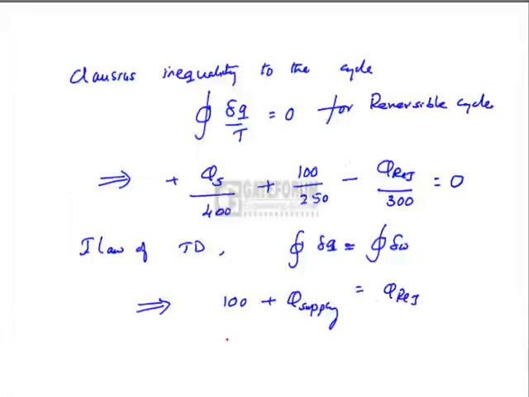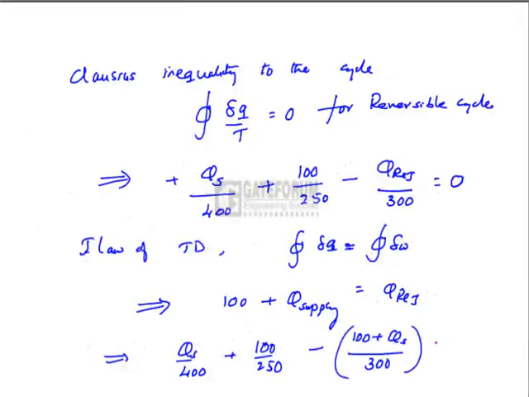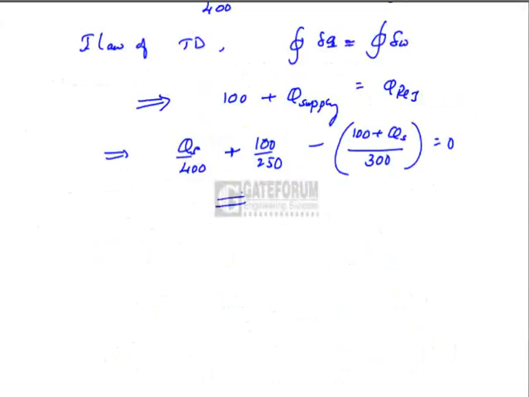So, substituting the first law in the above equation, we get Qs divided by 400 plus 100 divided by 250 minus (100 plus Q supply) divided by 300 is equal to 0. There is only one equation with one unknown, hence the heat supplied could be calculated in watts.